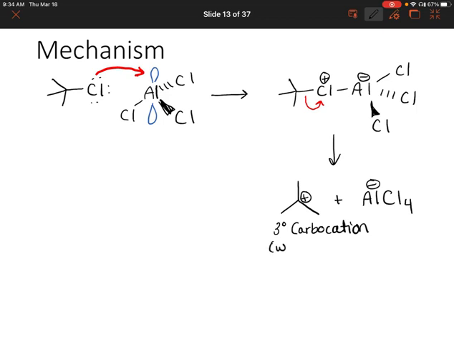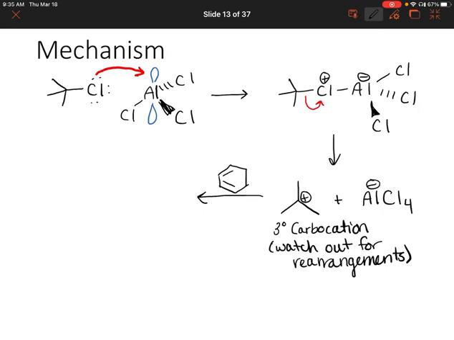So just make sure to watch out for rearrangements. When rearrangements can occur, you often end up with a mixture of products. So we'll go over that later. But here we have a perfectly stable carbocation, so now we're just going to add benzene into our reaction.